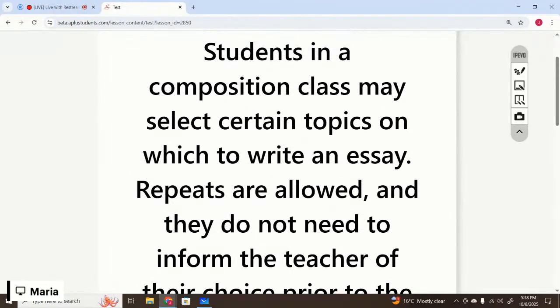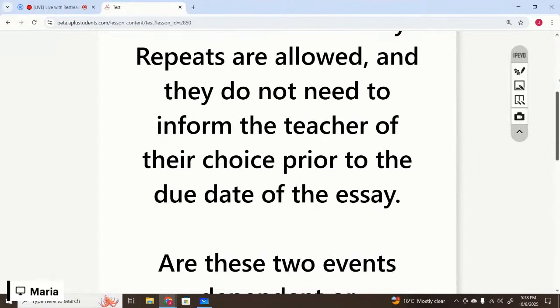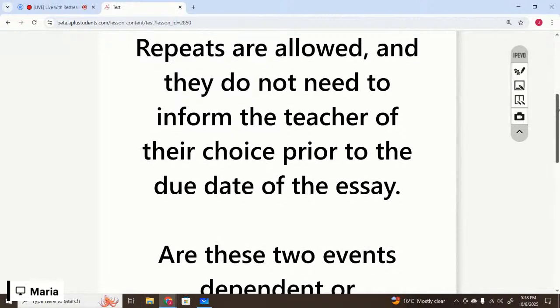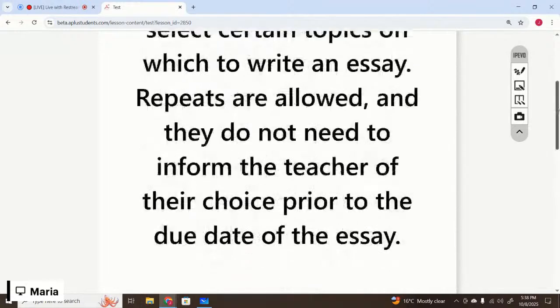Students in the composition class may select certain topics on which to write an essay. Repeats are allowed and they do not need to inform the teacher of the due date of the essay. Are these two events dependent or independent?